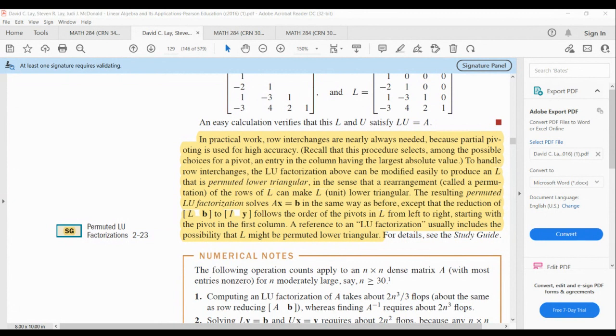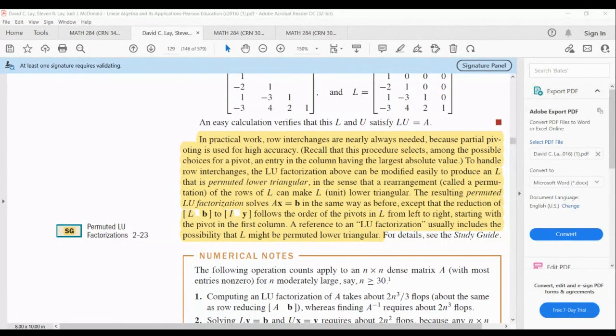Okay, now let me just bring up one file here. Permuted LU factorization. Give me just one moment here. What I'm doing is I'm going to MATLAB assignment number 2.